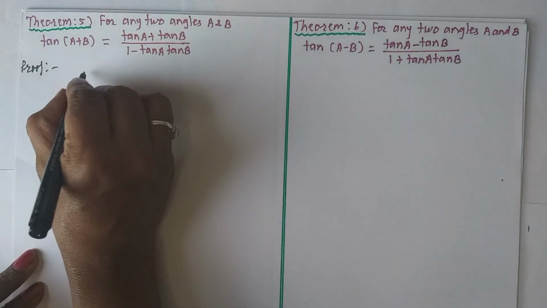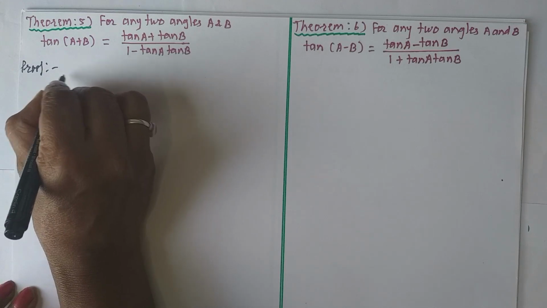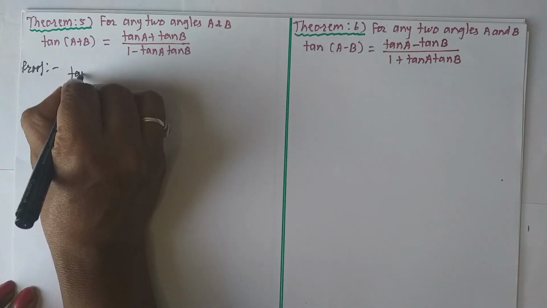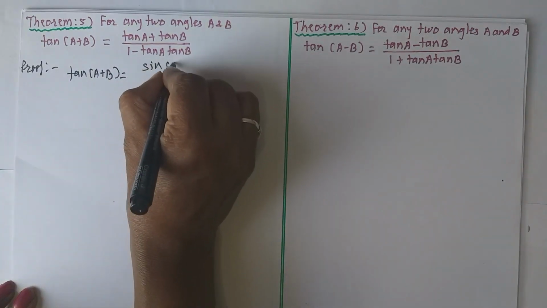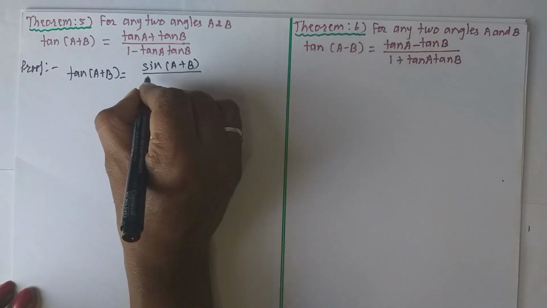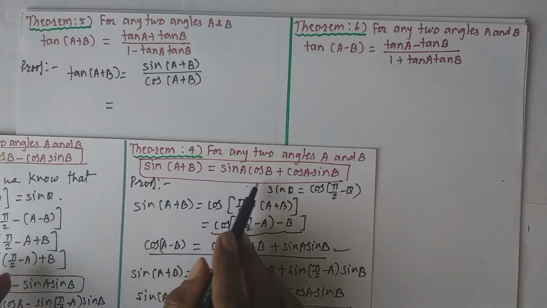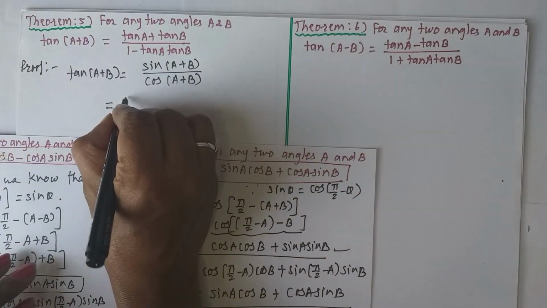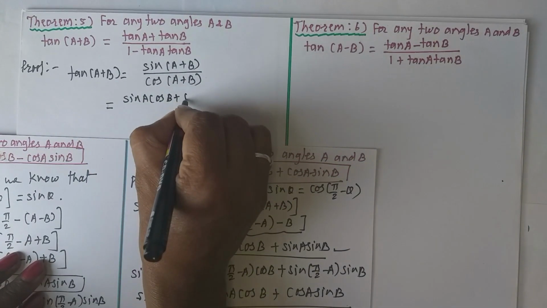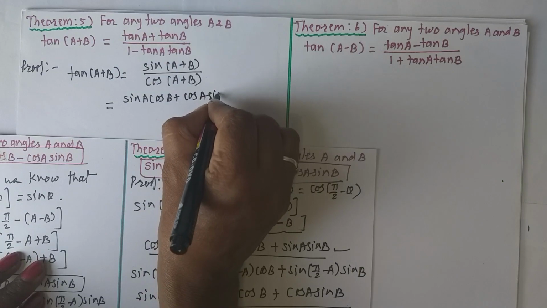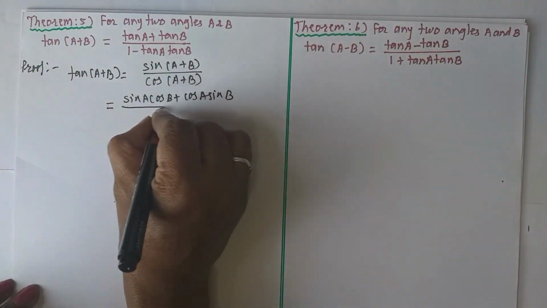Okay, now we know that tan θ means sin θ divided by cos θ. Therefore, in the solution, you write down tan(A + B) means sin(A + B) divided by cos(A + B). Now, you write down this formula: sin(A + B) means sin A cos B plus cos A sin B. And we have also derived the formula for cos(A + B).